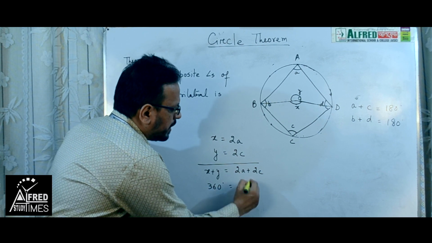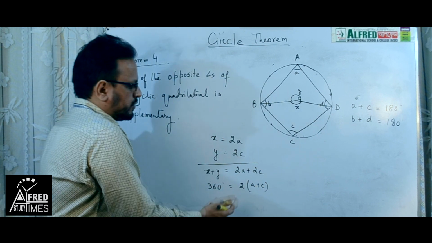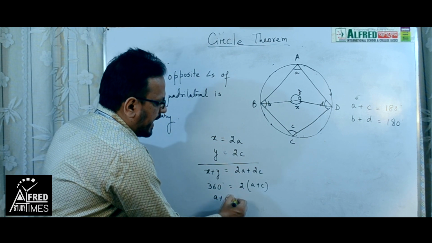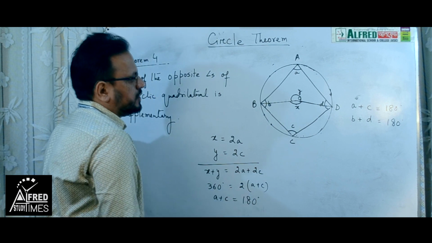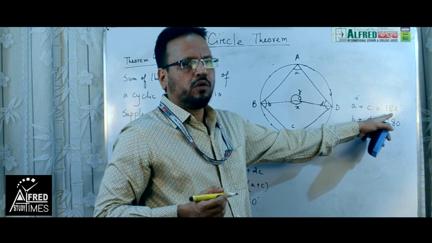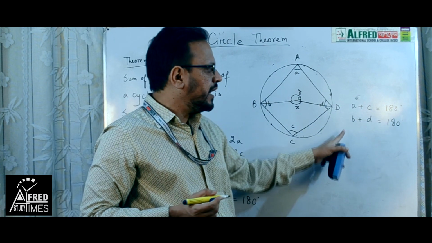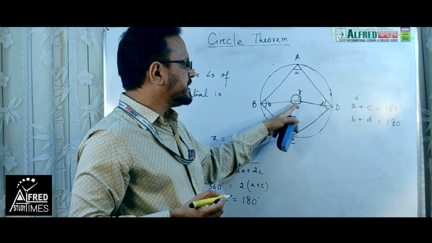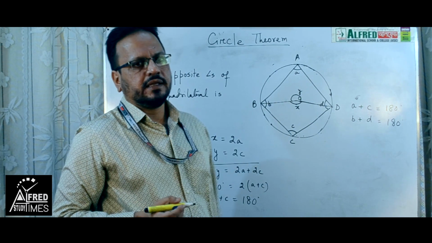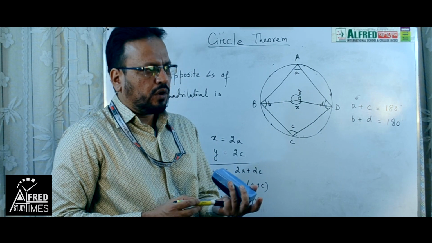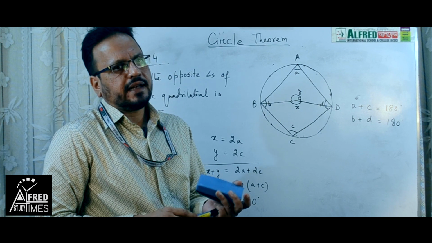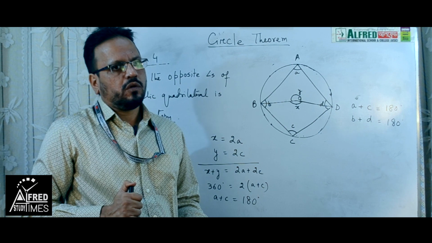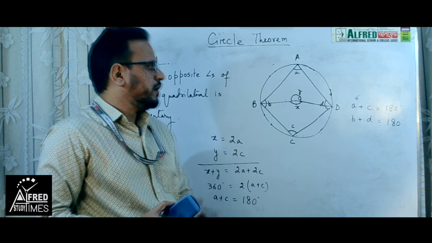If I take 2 common, A plus C, and divide by 2, we get A plus C as 180 degrees. Similarly, we can prove that B plus D is equal to 180 degrees, if you join from this side and from this side. So theorem number 4 says that the sum of the opposite angles of a cyclic quadrilateral is 180 degrees. Good.